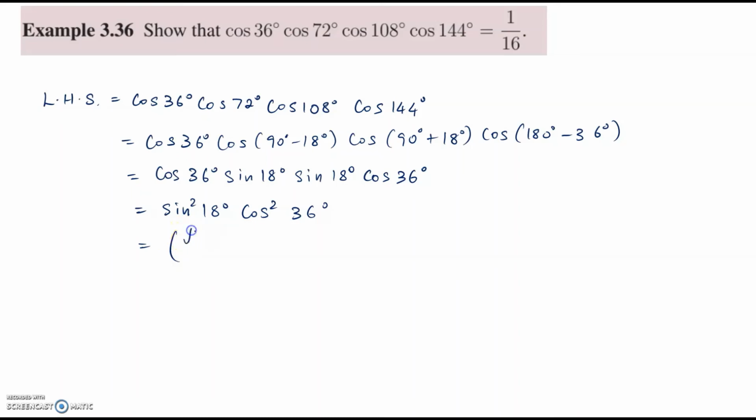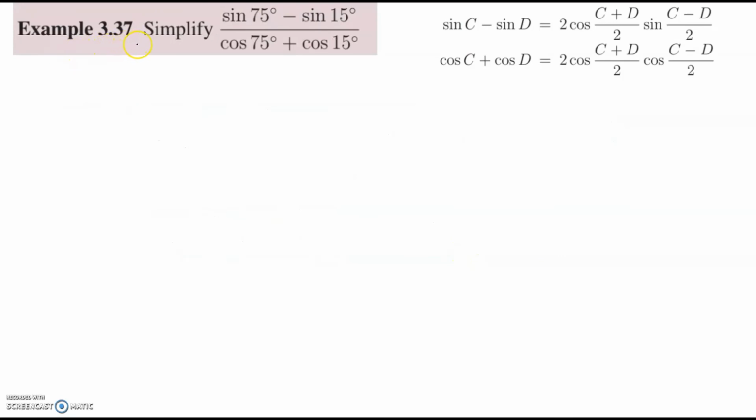So sine 18 is root 5 minus 1 divided by 4, the whole squared, and cos 36 degrees is root 5 plus 1 divided by 4, the whole squared, which on simplifying gives the answer 1 by 16. That is equal to the RHS. Hence the proof.